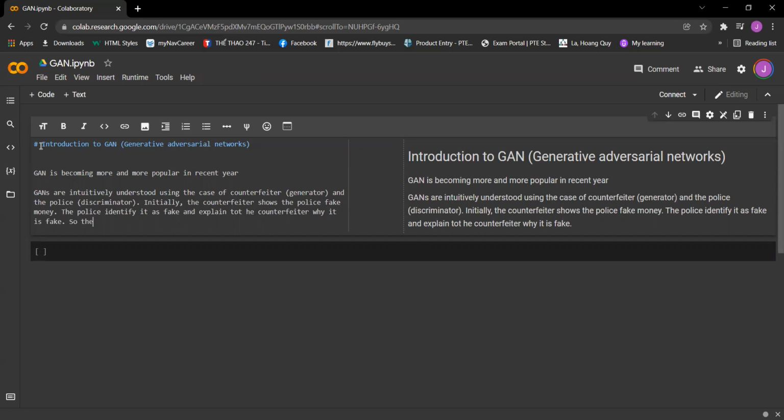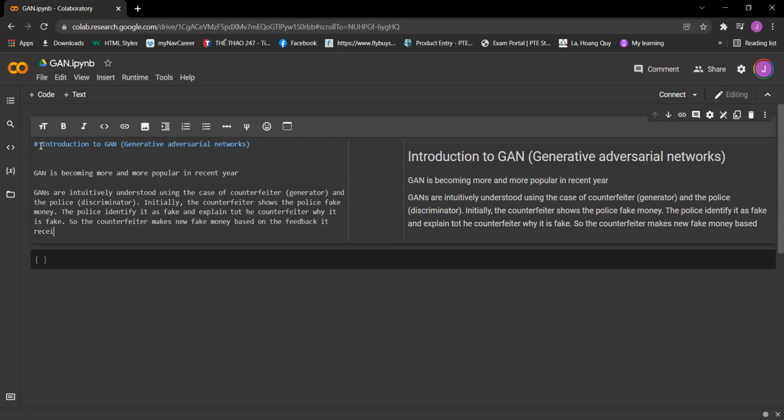So the counterfeiter makes new fake money based on the feedback it received.